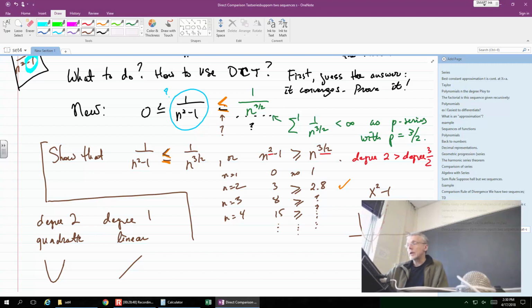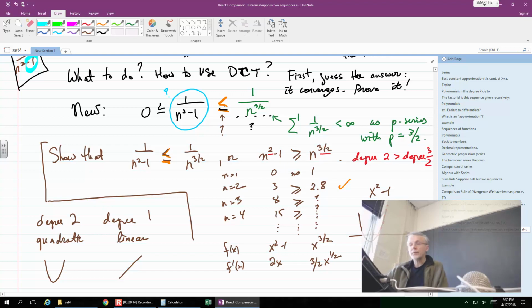You differentiate. So if my f of x is here, the function is x squared minus 1. Its derivative is 2x. In the meantime, here the function is x^(3/2). The derivative is 3/2 x^(1/2). Okay, so we already see the difference between the two functions.